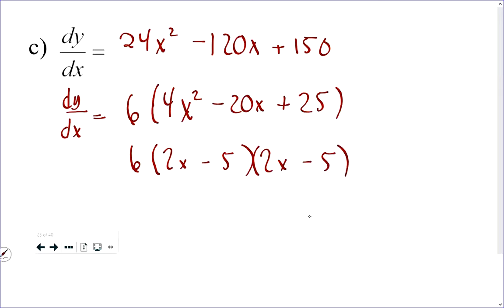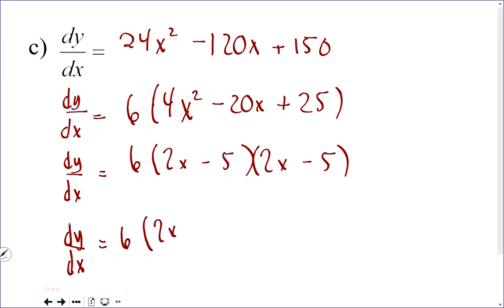Isn't that what we got when we multiplied 2x minus 5 times 2x minus 5 earlier? I think so. Which means our derivative, dy dx, is equal to 6 multiplied by 2x minus 5 squared. Okay, so far. So what? Well, it's going to come together here very shortly. Any questions on getting dy dx?